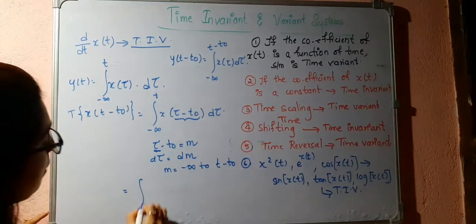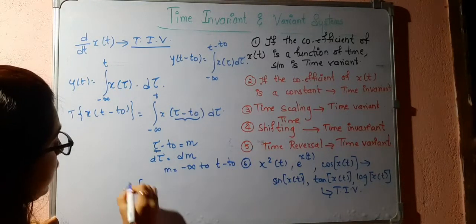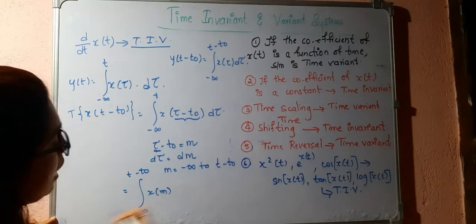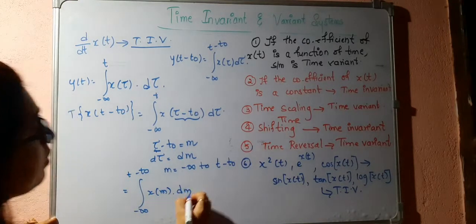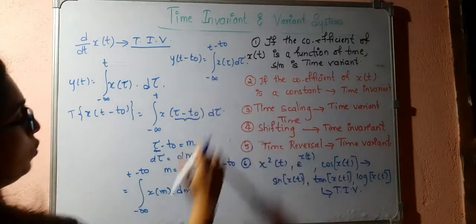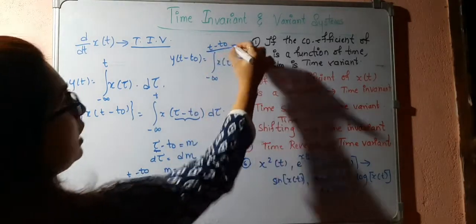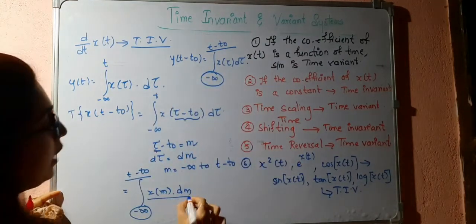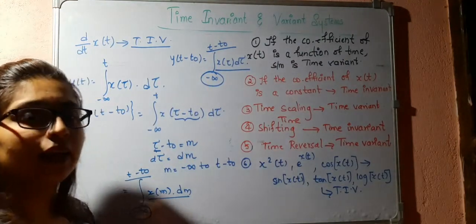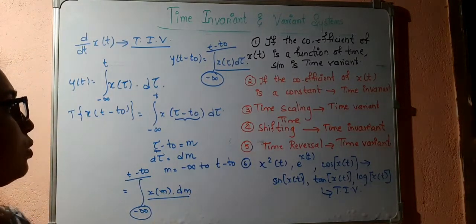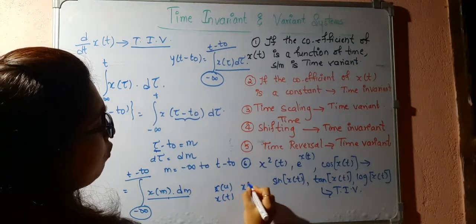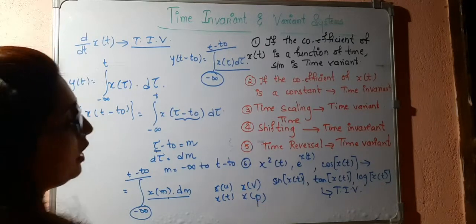Okay, so now what happens, the limits of integration will change, and instead of x of tau minus t naught, I will be having x of m dm. So now we will compare these two. See, the upper limit is the same, here minus infinity is the same, and you know that integration does not depend upon the variable. So it can be x of m, it can be x of u, x of t, x of v, whatever the variable you take, it won't change.